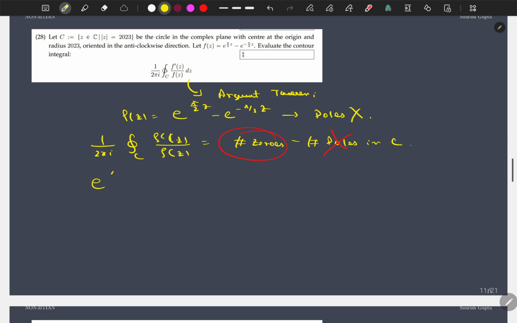If you take e to the power pi over 2 z minus e to the power minus pi over 2 z equal to 0, then you get e to the power pi z is equal to 1.